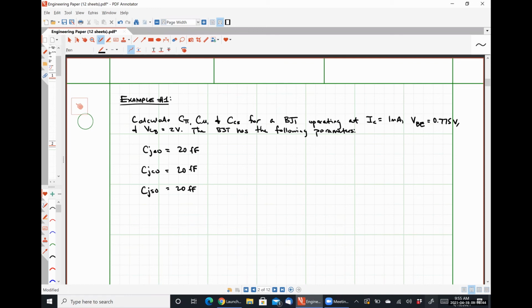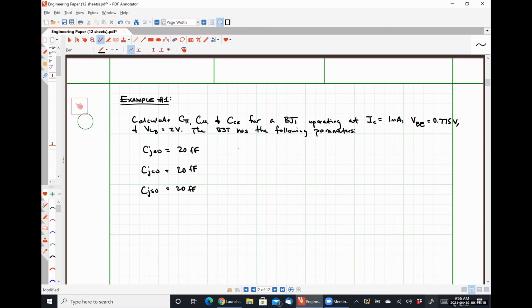And then since the collector is doped less than the base, we should see that CJC naught would be smaller than CJE naught. And then since our substrate is the most lightly doped, we would see that CJS naught is further smaller. But even with using these guys as is with an equal value, we'll see something pretty interesting in a moment.